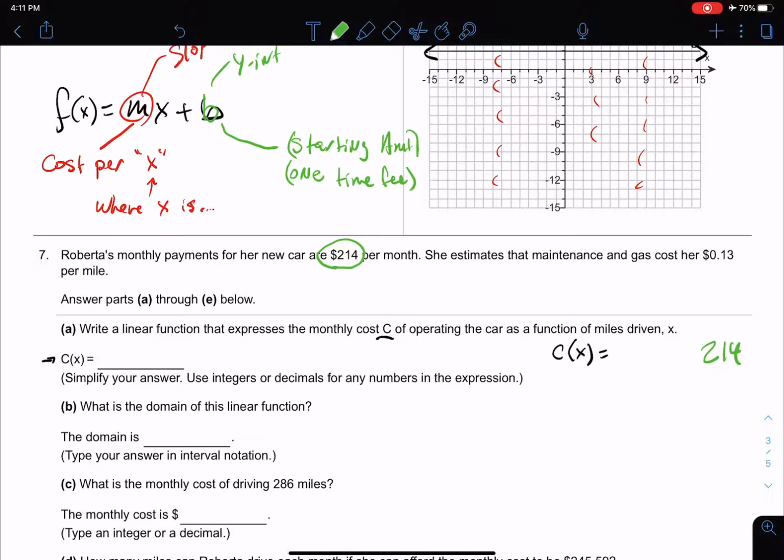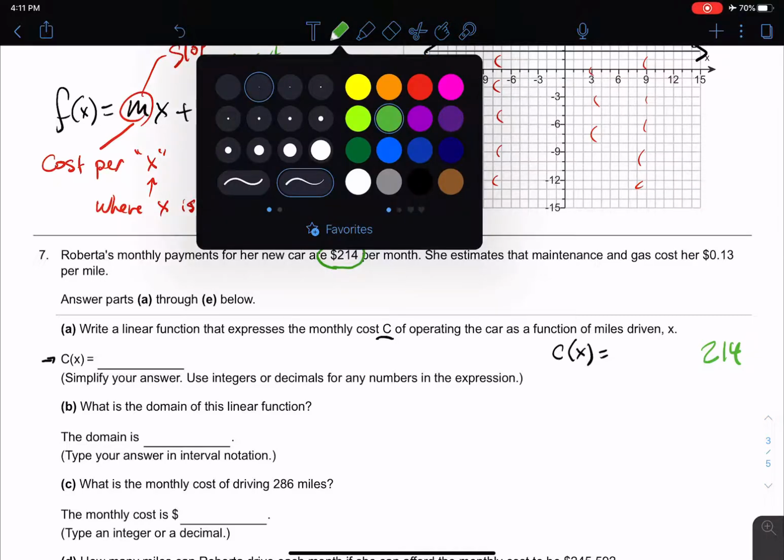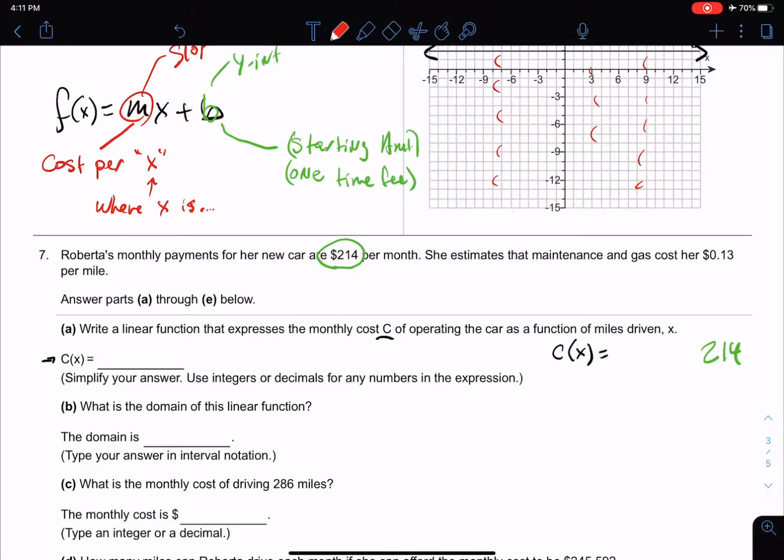It's not the total cost. If it's just sitting in the garage for a whole month, it's still going to cost you $214. If you drive it all day long, that flat fee is still $214. But if you drive it every day, now we've got to put in the cost per mile. There's gas, there's maintenance, and all that stuff. So the cost per mile is going to be your slope.